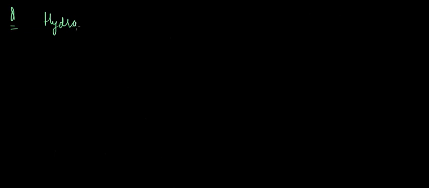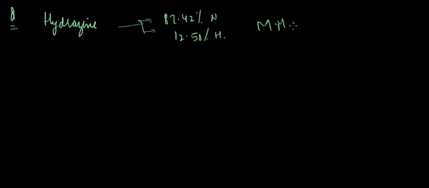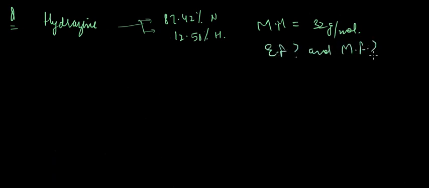Hydrazine contains 87.42% nitrogen and 12.58% hydrogen, and molar mass of hydrazine is 32 gram per mole. So what is its empirical formula and molecular formula?